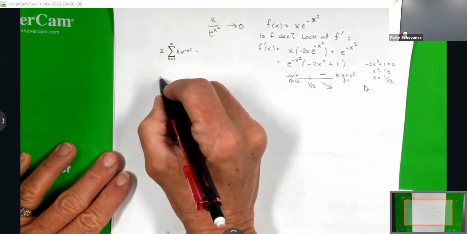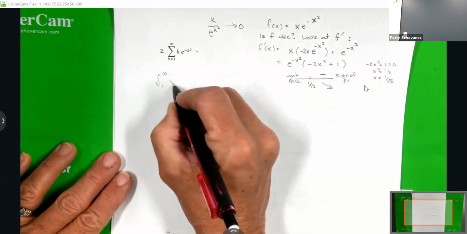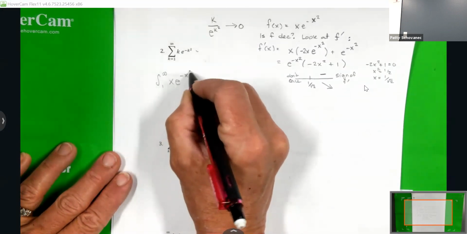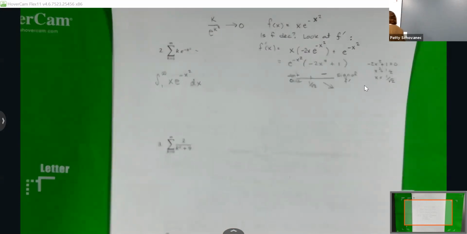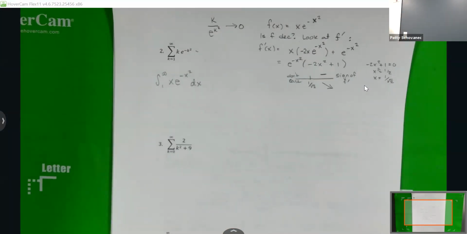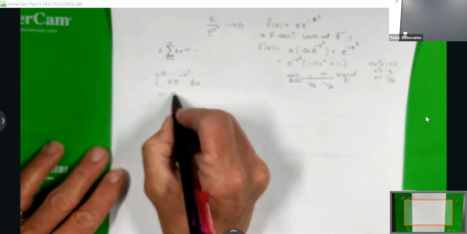So we're going to integrate from 1 to infinity, x e to the negative x squared. How are you going to integrate that one? Take u to be the exponent, and then du is part of the term here. Take u to be negative x squared.